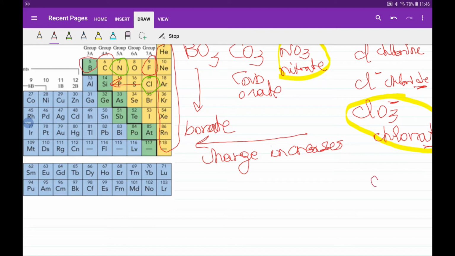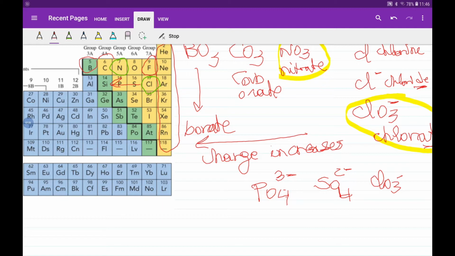So we go ClO3 minus, that's chlorate, then SO4 2 minus, and that will be sulfate. Then with phosphorus will be PO4 3 minus. That'll be phosphate.